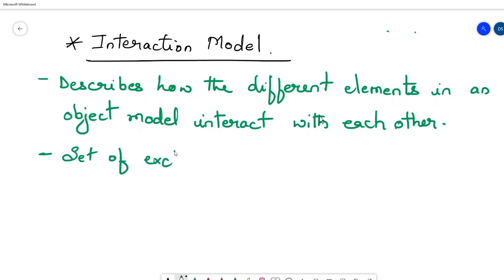Okay, so we can also say that this term, interaction model, can be defined as a set of exchanged messages between the objects.